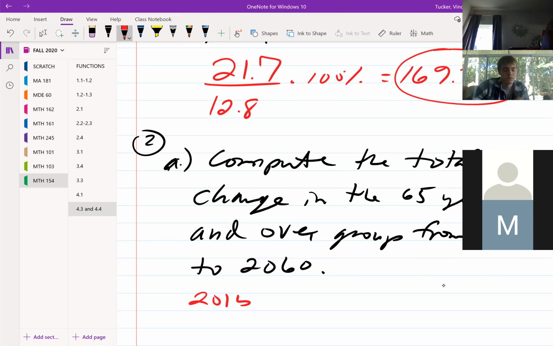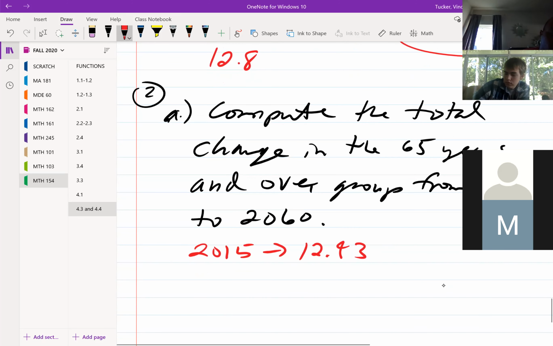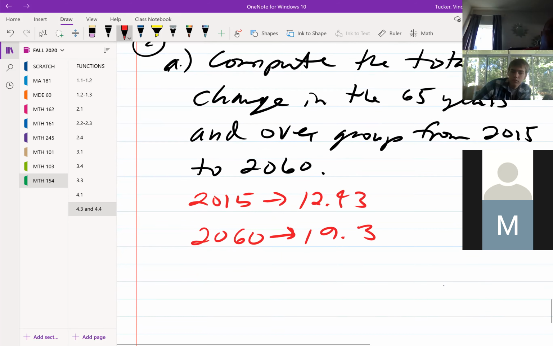So 2015, got 12.43. And then in 2060, it is 19.3. So you would just subtract the values.